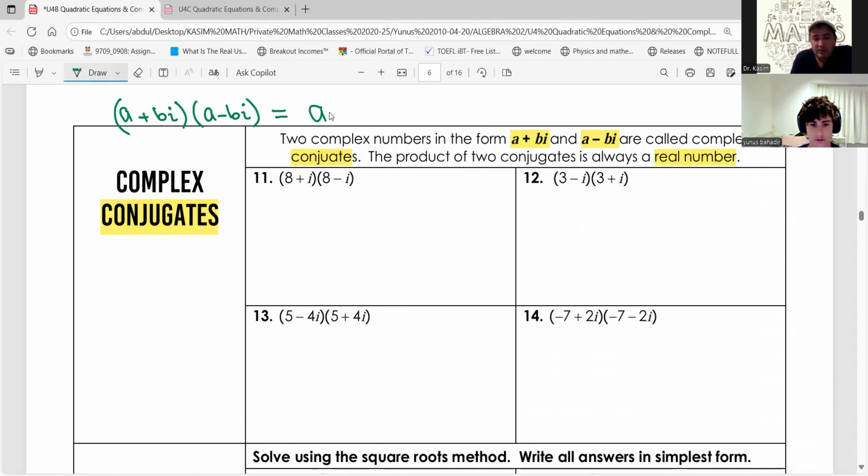So a squared minus (bi) squared. And what is i squared? It is negative 1, right? So that equals a squared plus b squared.